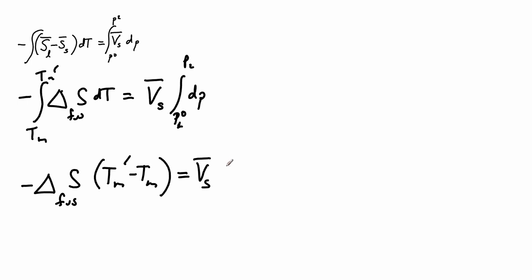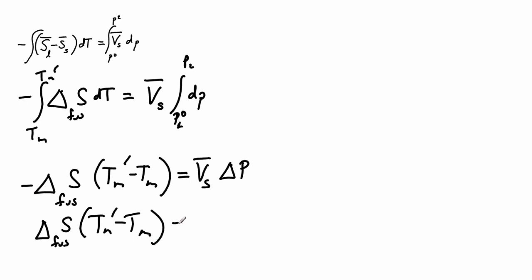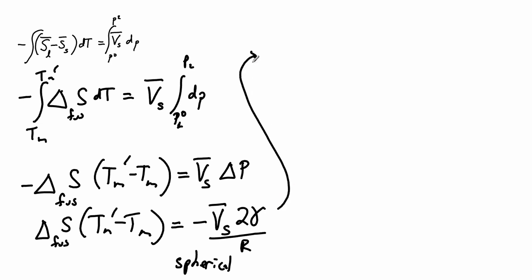And this is just delta P. And what we'll do is we will move this negative sign over to the other side, and then plug in our expression for the change in pressure. We know the change in pressure is just the Laplace pressure, so it's 2 gamma over r, assuming, of course, that we're doing spherical particles. And then we can just solve for Tm prime.